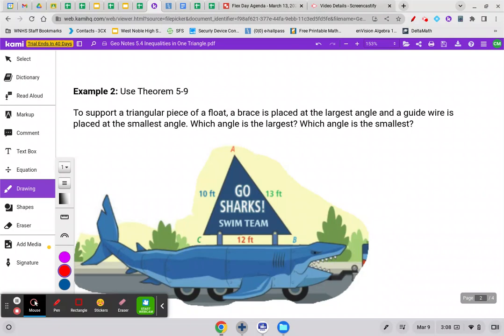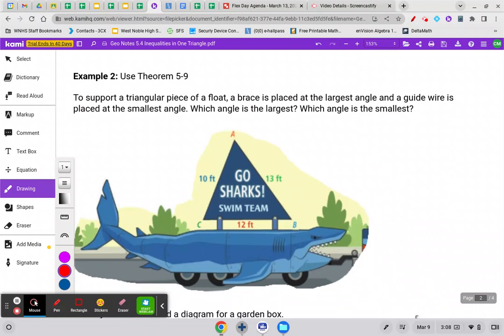A brace is placed at the largest angle and a guide wire is placed at the smallest angle. Which angle is the largest? Which angle is the smallest? So based on side lengths, the largest angle has to be across from the largest side.